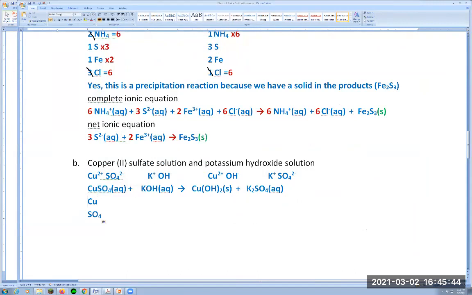Copper, we have 1 copper on the left, and on the right we have 1 copper in the copper hydroxide. Sulfate, we have 1 sulfate on the left, and then how many sulfate on the right? We have 1 sulfate on the right as well, so 1 sulfate.